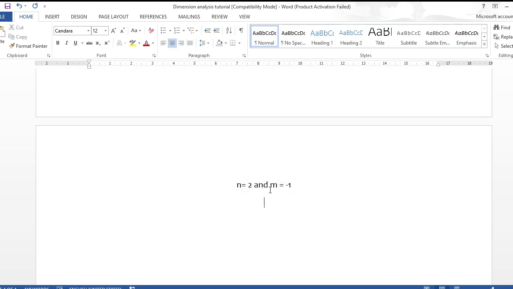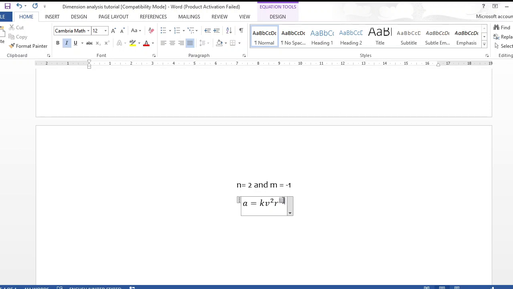Now to find the equation, what you do, you substitute in this one. Where there is n you put 2, where there is m you put negative 1.